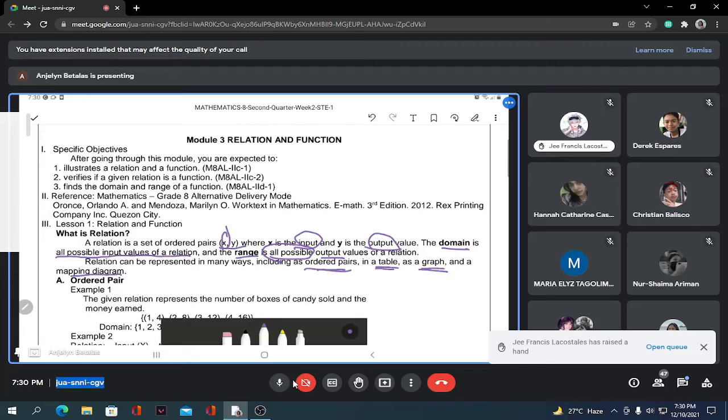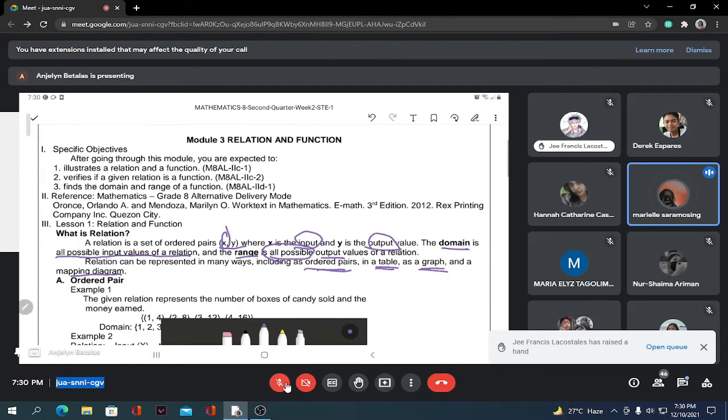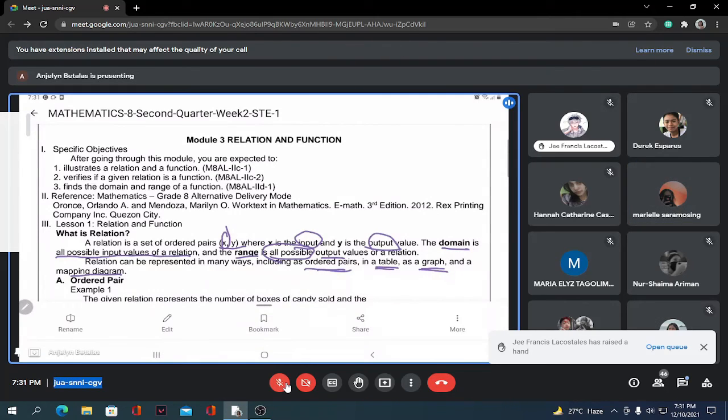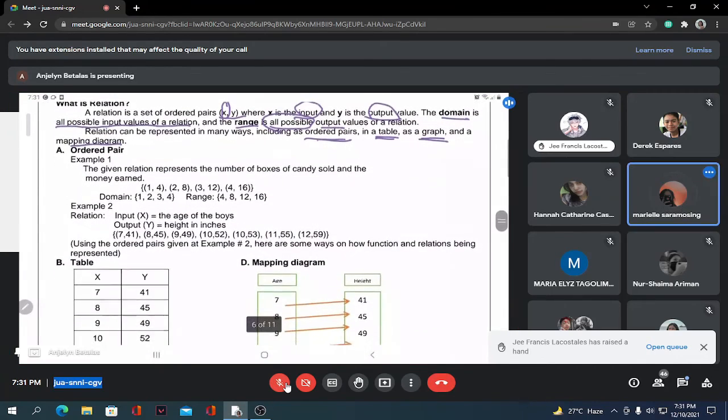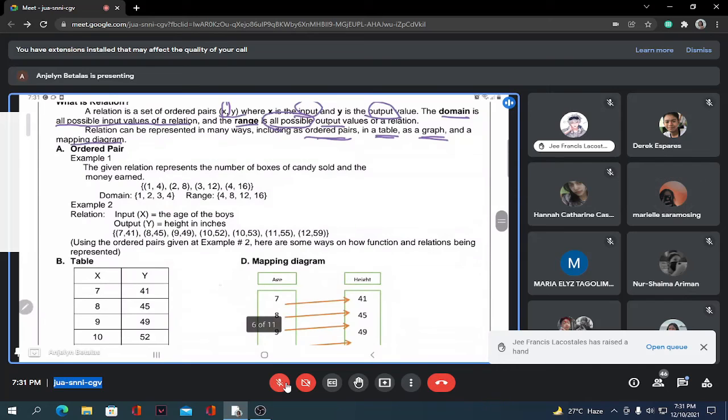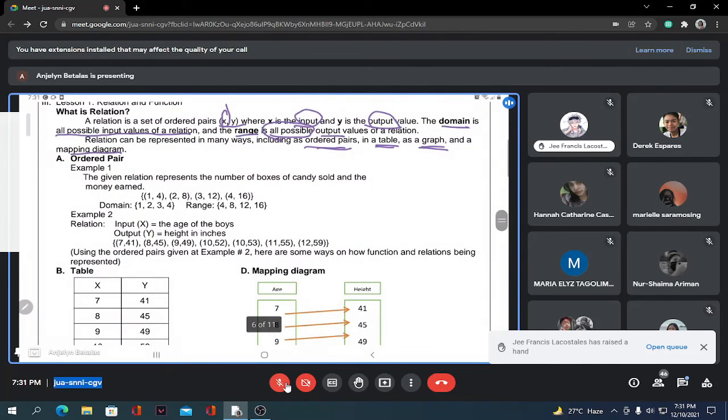Aesthetics, design, and appeal also count for points. You can use bond paper, and you can handwrite it instead of encoding.